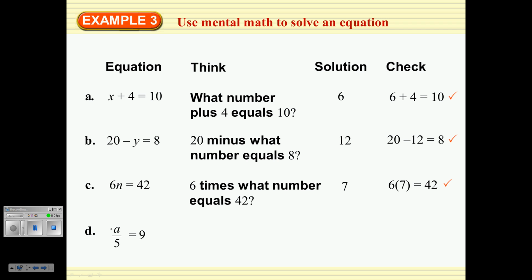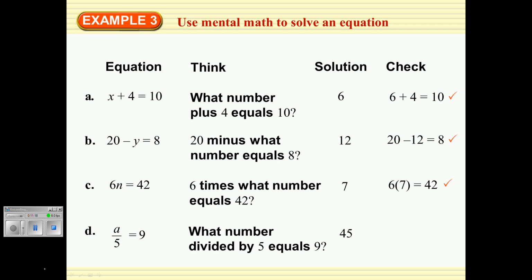See them as division problems, and this is a variable divided by the number 5. So ask yourself, what number divided by 5 equals 9? And hopefully you know, again, your facts well enough to know that 45 divided by 5 equals 9. Okay? All right, so there we go.